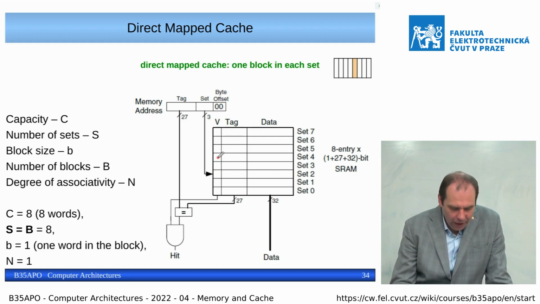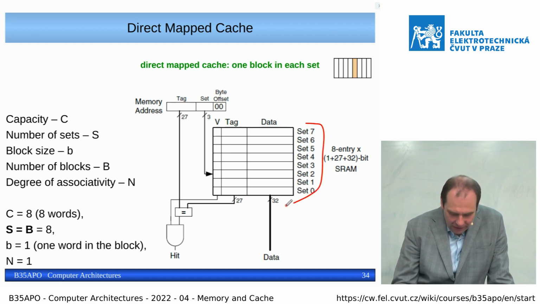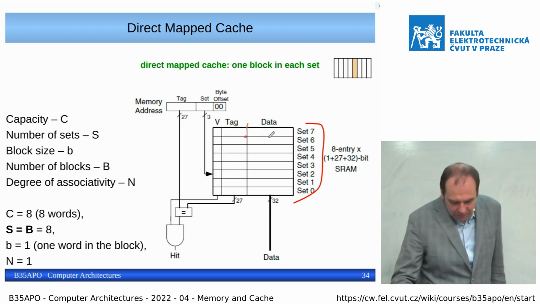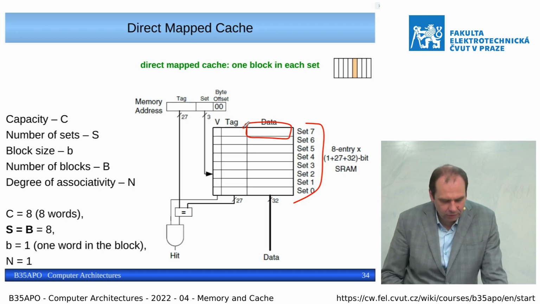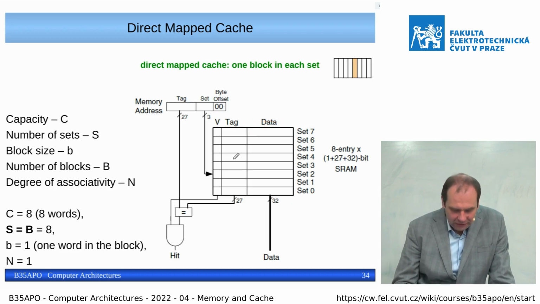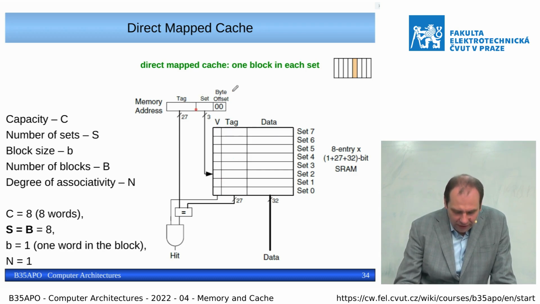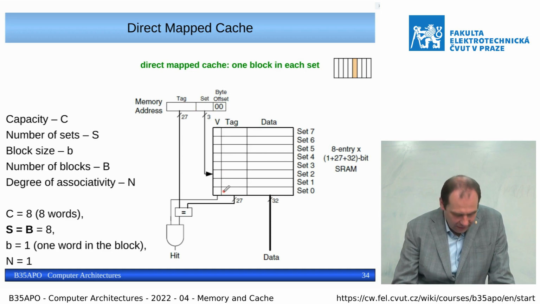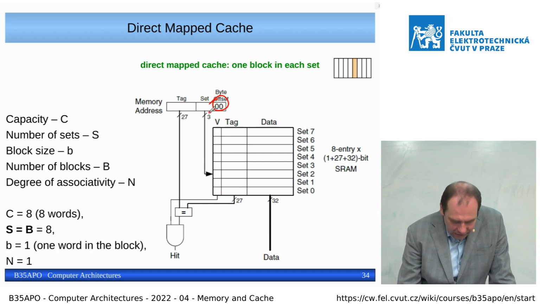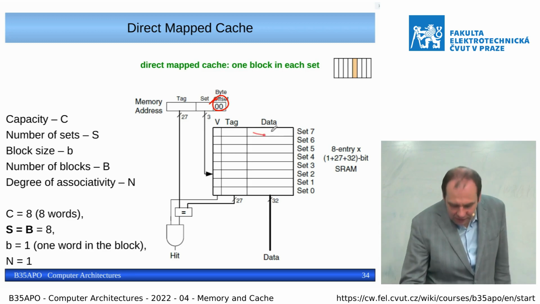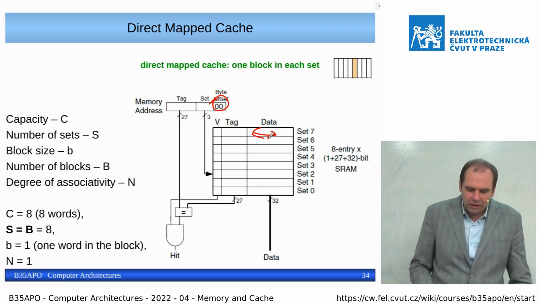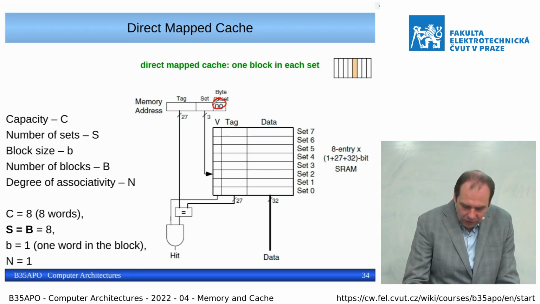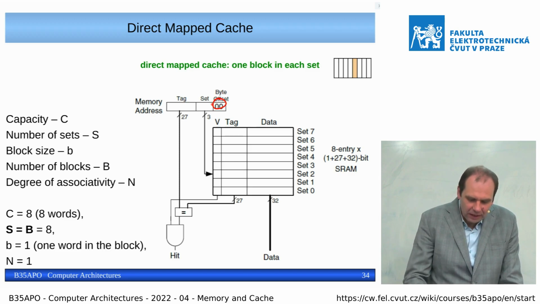So basically how it works: if we have a capacity of 8 words, and we speak not about bytes but about words, so it is a 32-bit value for a 32-bit computer, then the number of sets, the locations where we can store data according to the address, is 8 still, and we use two least significant bits to address the actual byte in the memory. But as you have seen, load word instructions and so on do not take care about bytes, so we can say that those least significant bits are 0.